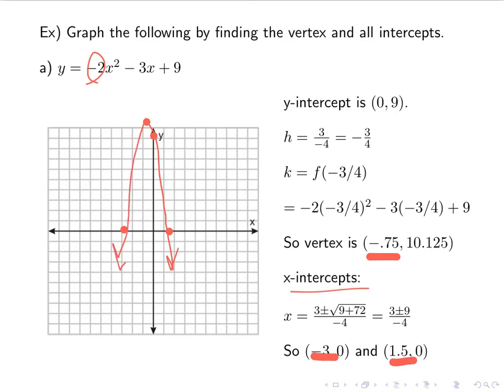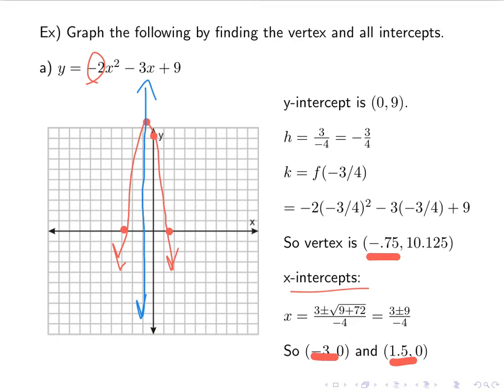And then another thing to notice about parabolas is that they are symmetric. Just like the vertex is the midway point of my two intercepts, if I drew a line down the middle of my graph, and I drew it straight, and then folded it along that line, my parabola should match up.